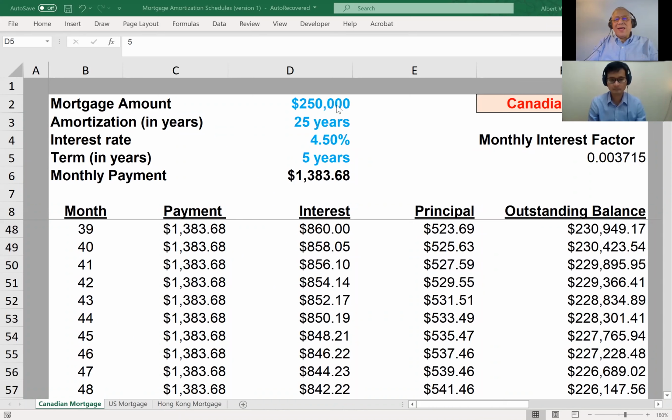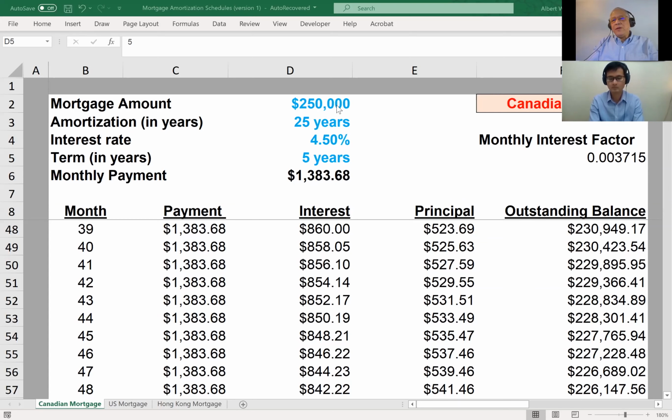So if you have less than 20% equity, that means that if you want to borrow more than 80%, then the loan is considered to be high ratio, and therefore a lot of times, actually most of the time, the lender would ask you to buy insurance called mortgage insurance to protect them, and the premium for that insurance would be added to the mortgage.